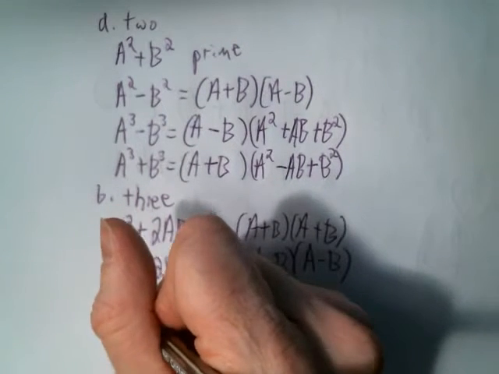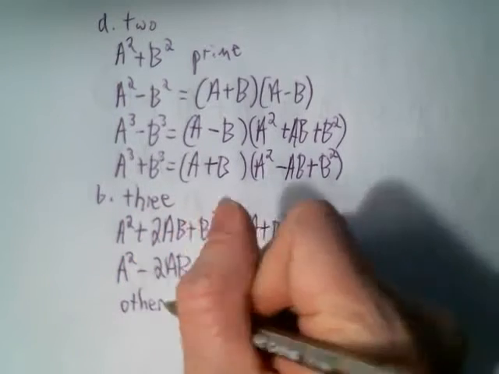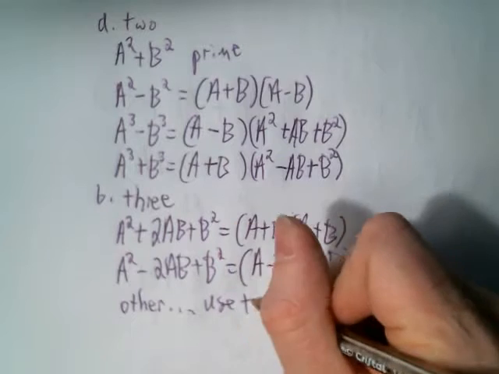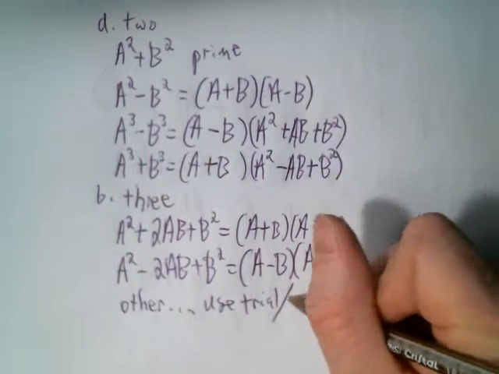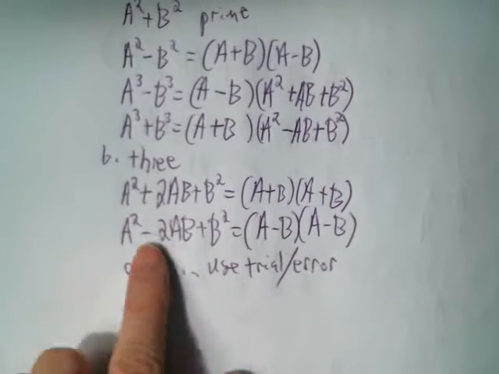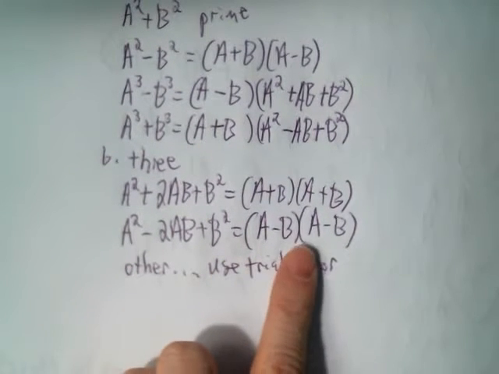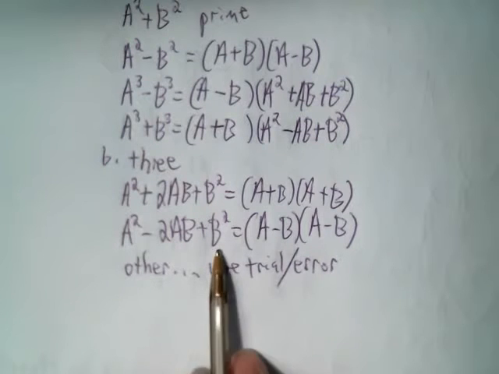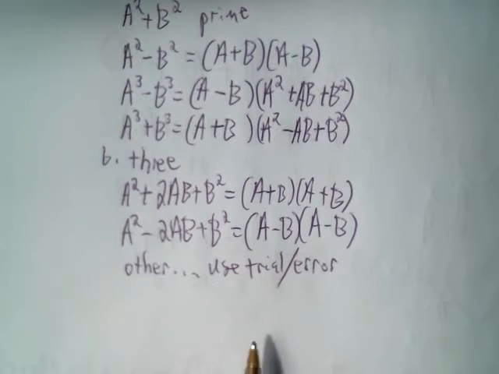And then otherwise, usually just trial and error. So depending on your given polynomial, you'll set up your parentheses, get the signs in their appropriate places, and then just guess. What times what is b squared, and then you need the outer and inner to add to the middle term.